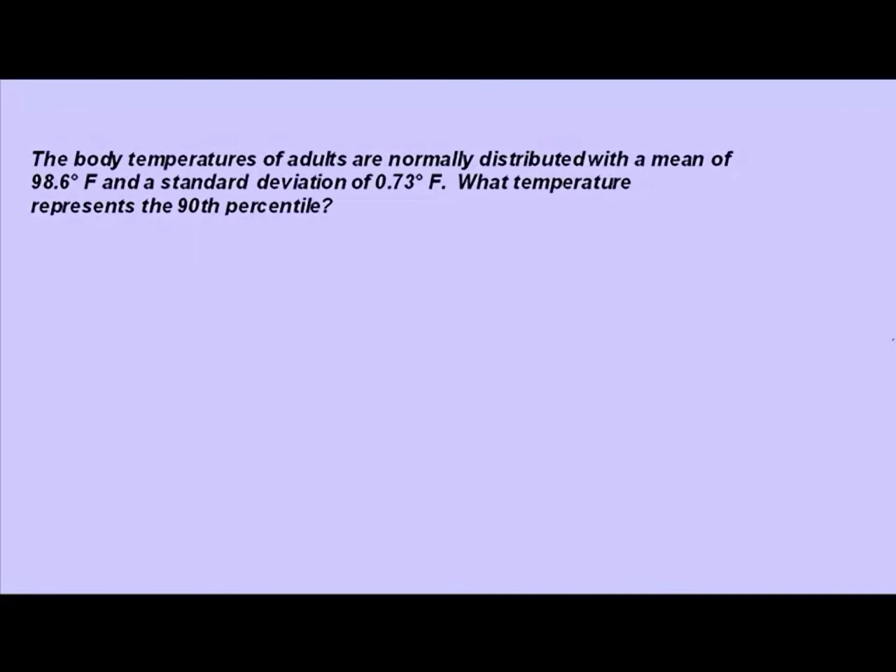In this instance, I'm asking you what temperature represents the 90th percentile. Here we're going to have to go back to our z-score formula and solve using a little algebra. The z-score formula says z equals x minus mu, mu being the mean, divided by the standard deviation.